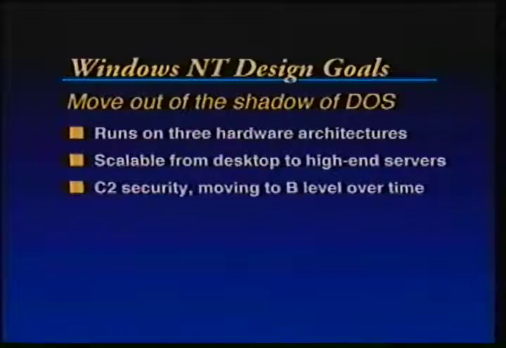Initially, it'll be able to be put into systems which will be rated at a C2 level of security, which basically means discretionary access control. And then the goal is that in a future release of Windows NT, have it move to a B level of security, which implies mandatory access control, as well as various levels of security, such as secret and top secret and up above that.